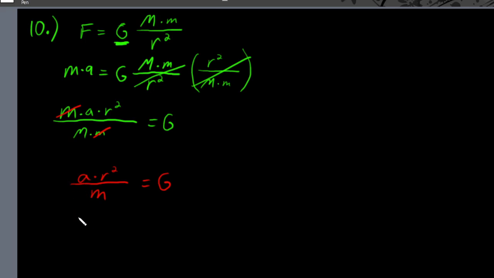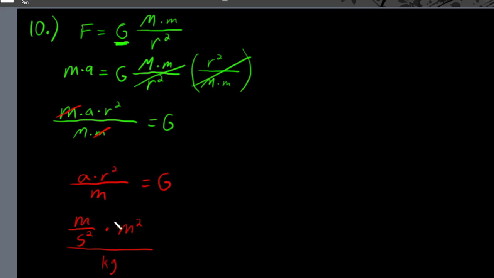So units for a is meters per second squared, and that's going to be times, now r was a distance, so that's going to be meters times meters, or meters squared, all divided by, this m is mass, so that's going to turn to kilograms.